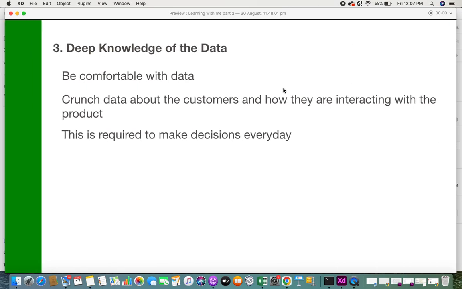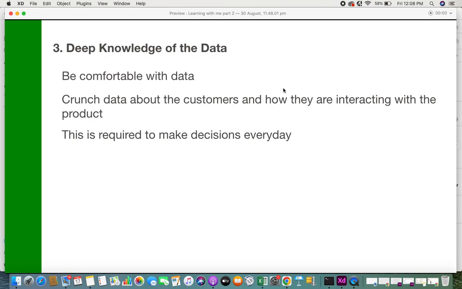And the third one is they really need to have deep knowledge of data. So in current trends, where data has become so popular and data can give you so many stories and insights, it's very important that a product manager should be able to crunch down this data and make that really meaningful.